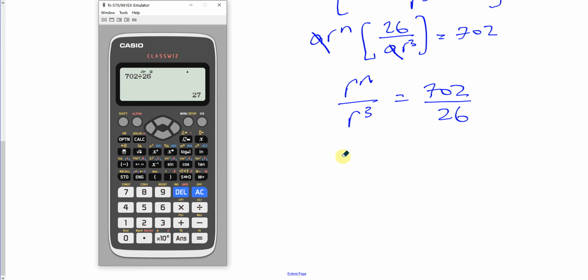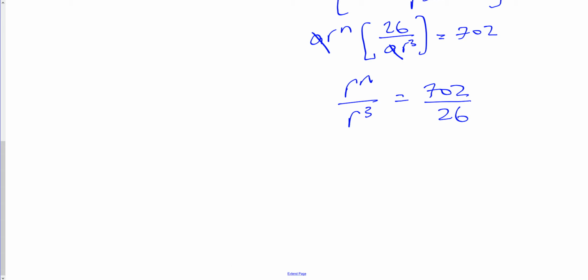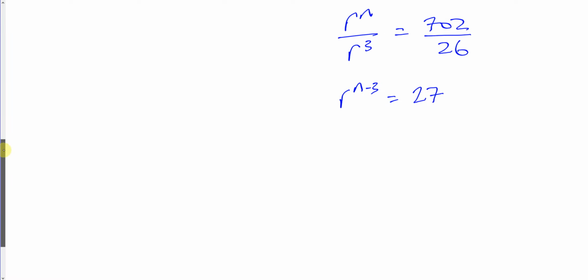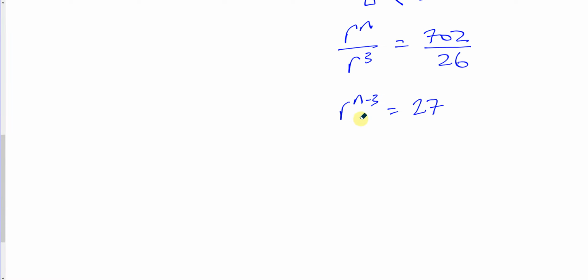So I can rewrite this as r to the power of n minus 3 equals 27. Getting this far will help us, because I know n must be a positive integer, and it must be greater than 4.